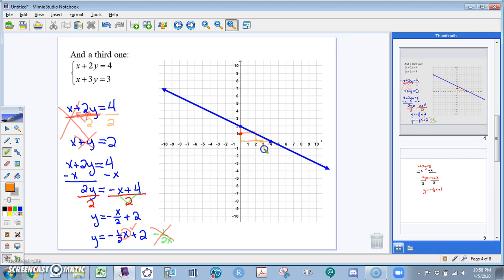Ooh, that looks like it's going to be my point of intersection. So let's see if I can get that one graphed. I'm going to go through the points that I had said. And right there.